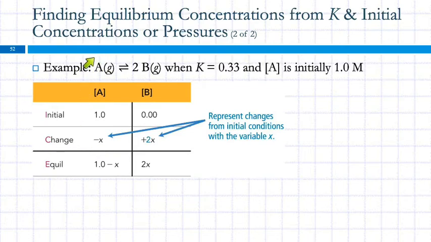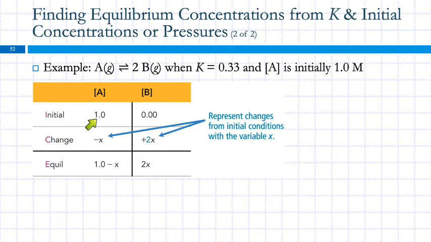So the coefficient on A is 1. So A is going to change by 1x. It's going to go down because we only have reactant and no product. So this is going to go down by x, 1 minus x. B starts at 0, and it's going to increase by 2x. The coefficient here is 2, so it's going to change by 2x.